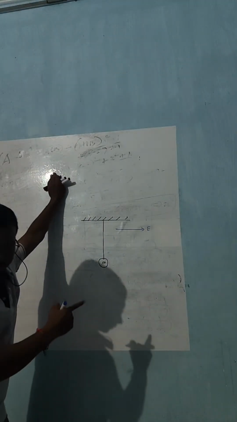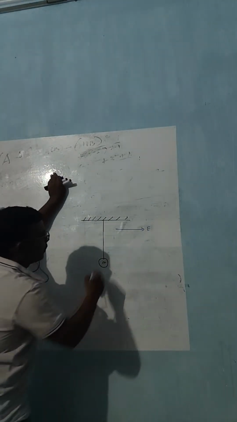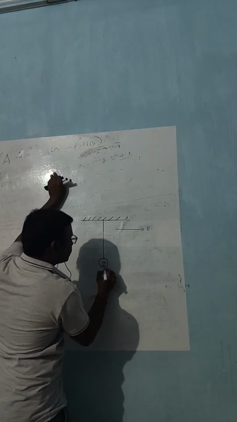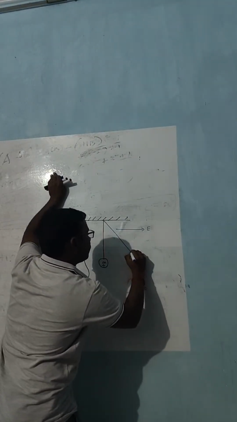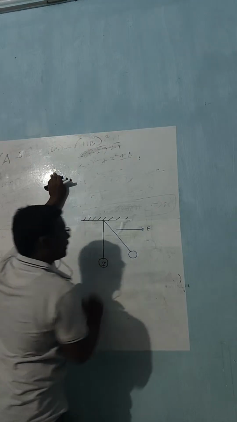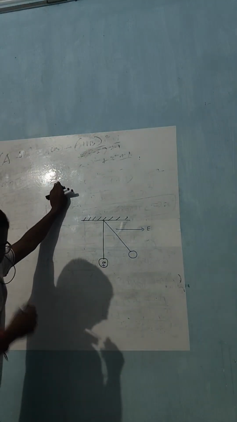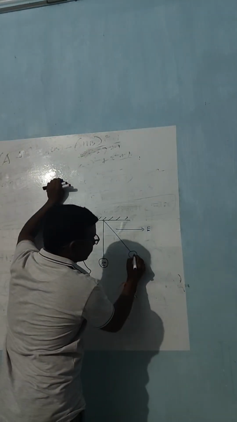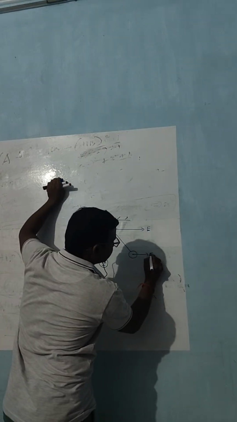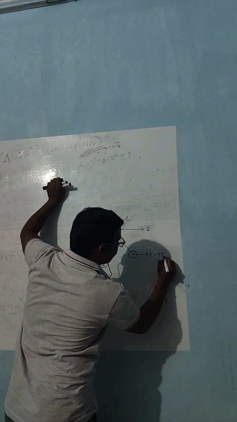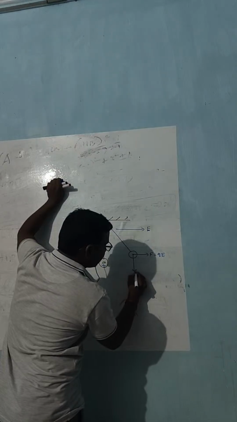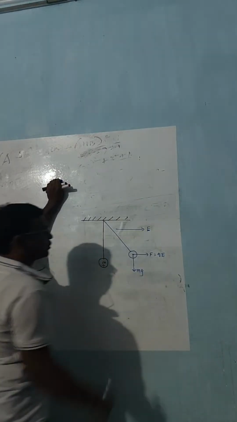Due to this electric field, since it is positively charged, it will shift slightly like this. It experiences a force F equals QE, and this is mg.